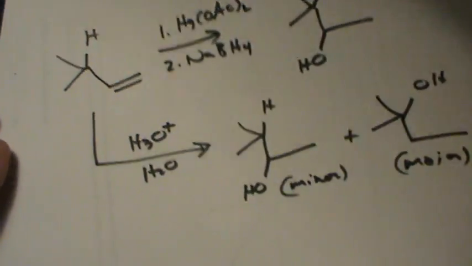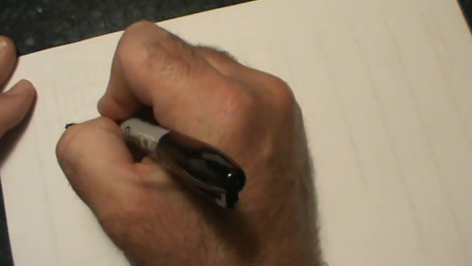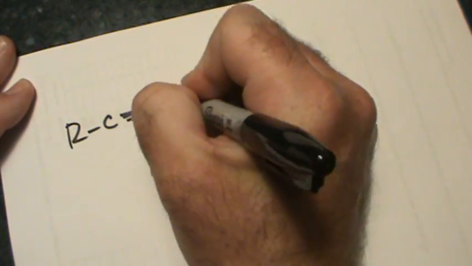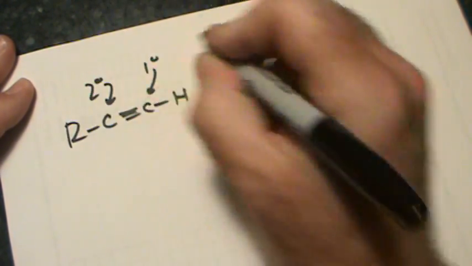Well, that's our backdrop now to understand the Markovnikov hydration of alkynes. I am, as promised, going to use a terminal alkyne since one carbon is primary and the other carbon is secondary.